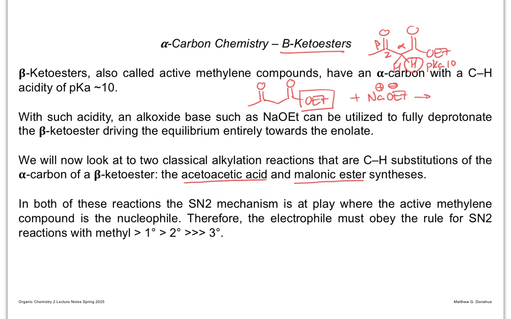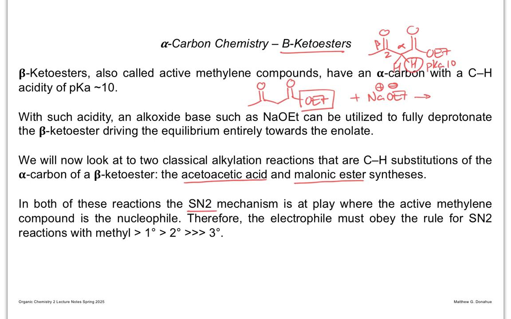The acetoacetic ester synthesis produces a substituted acetone. The malonic ester synthesis produces a substituted acetic acid. So both of those essentially react the same way. You're just starting with different functional groups.